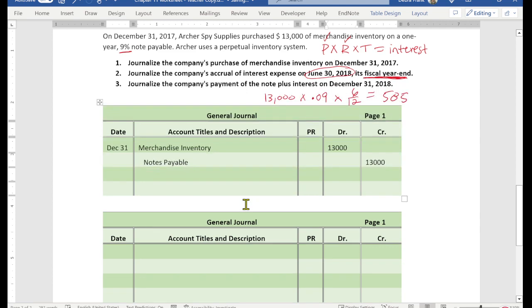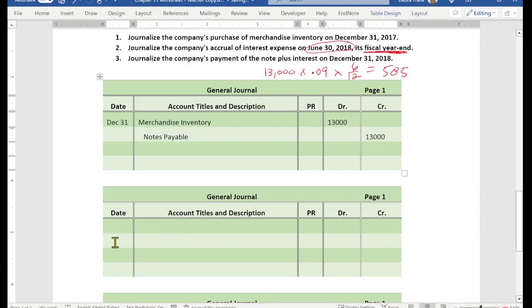All right, let's scroll up a bit so we can write our journal entry in. This is for June 30th of the next year. We have now used up 6 months' worth of time for this note, and so we get to record a cost associated with it, an expense.